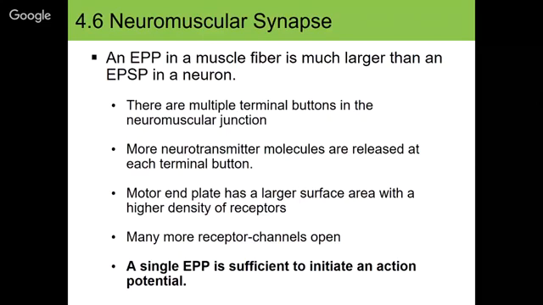The EPP that results in a muscle fiber, so this graded potential, is much larger than the EPSP that is generated in a neuron-to-neuron connection.